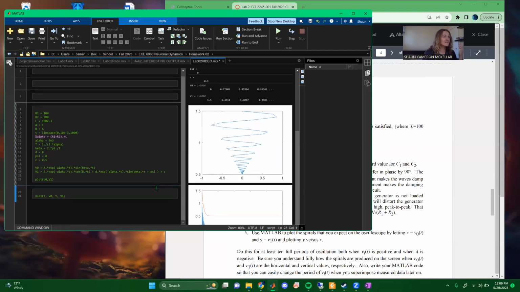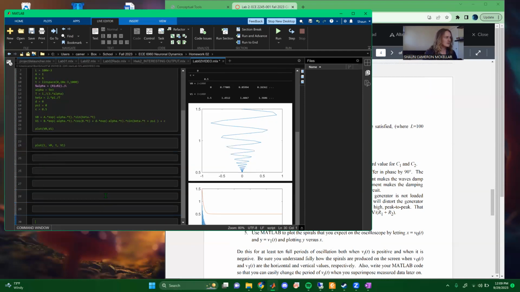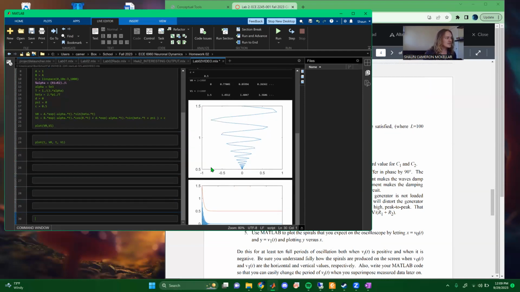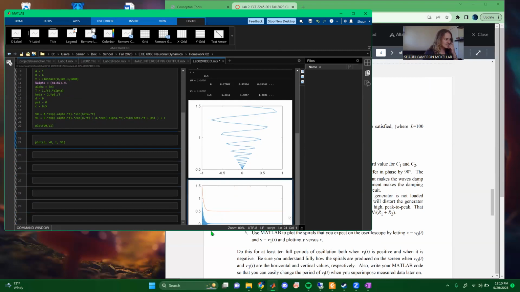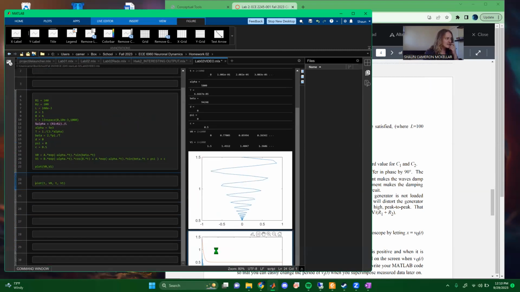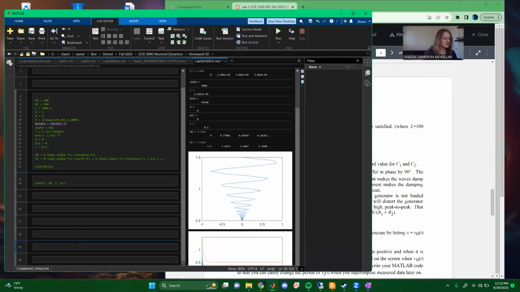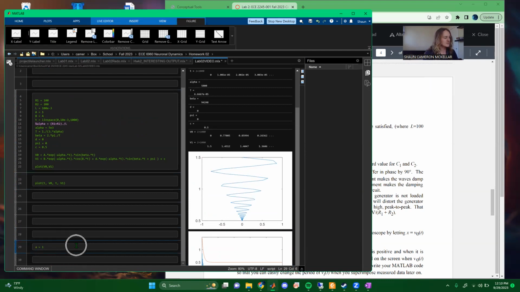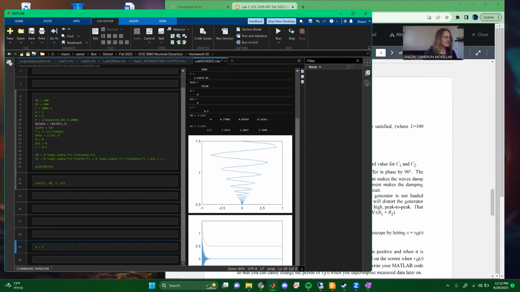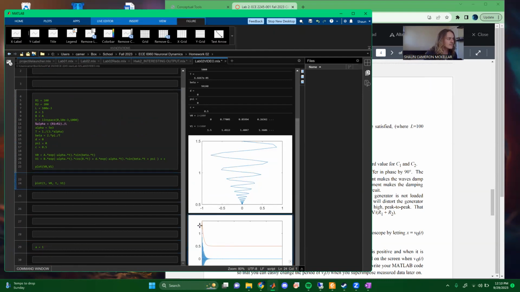So what I'm expecting to see here is actually two decaying oscillators. And for some reason, my current IDE settings make it hard to see this bottom graph, but I can see that there's only one here. If I say A equals 1 and run this cell, I should be able to see this bottom graph. MATLAB's being kind of weird, but there's only one decaying oscillator here.